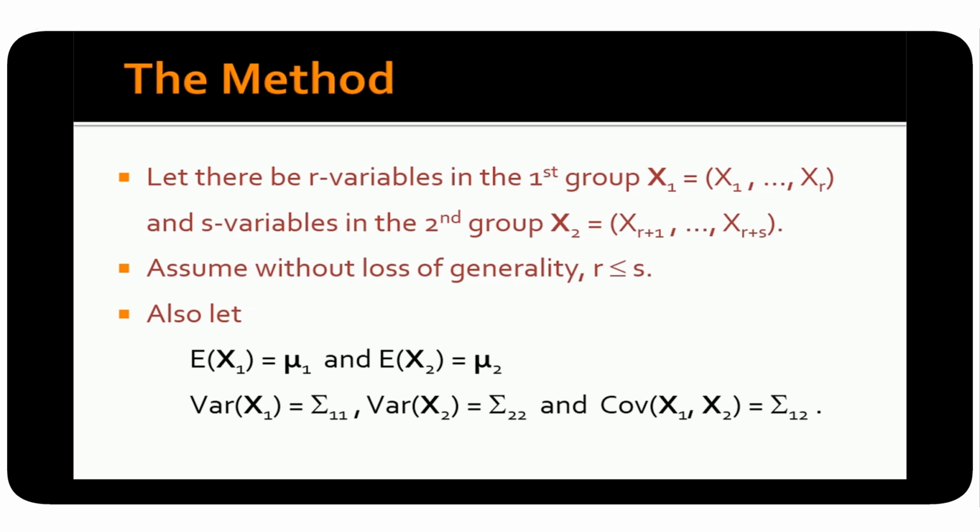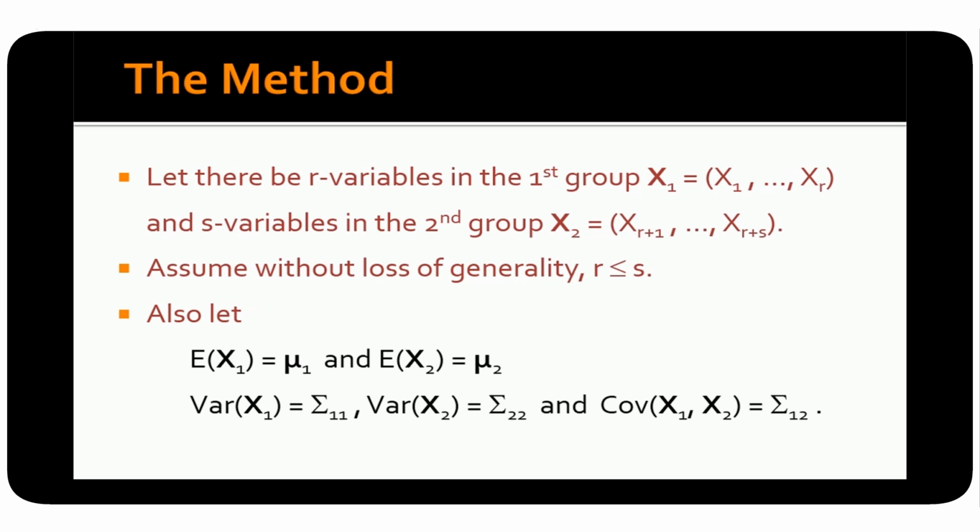So we have an R by one dimensional vector and an S by one dimensional vector, and we want to find the correlation between these two sets. As we shall see later on, for simplicity assume that R is less than or equal to S. It could be the other way around, but one of the sets would obviously have a smaller number of variables, or both sets may have an equal number of variables. So for the time being, assume that the first set has a smaller number of variables.